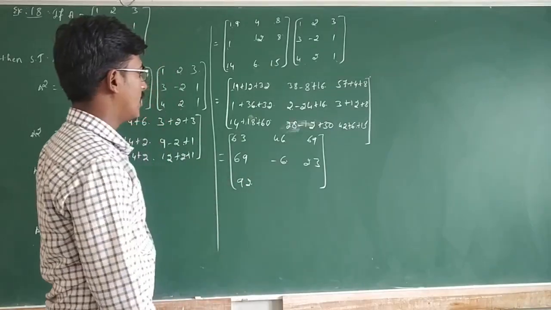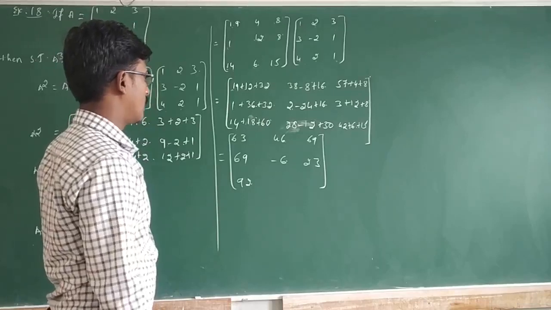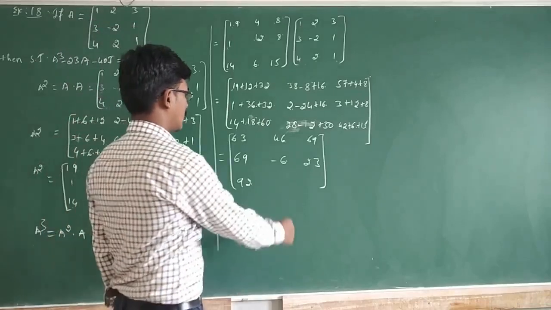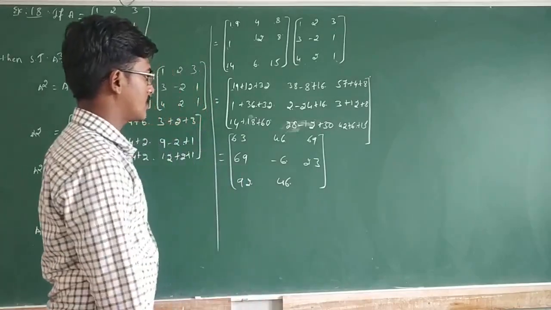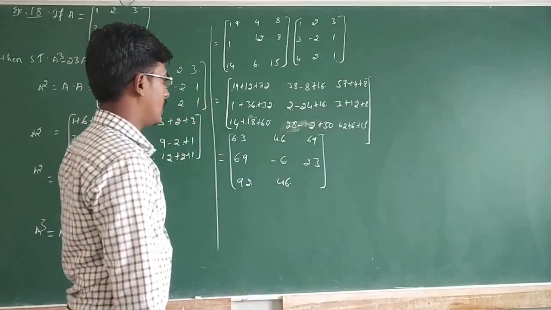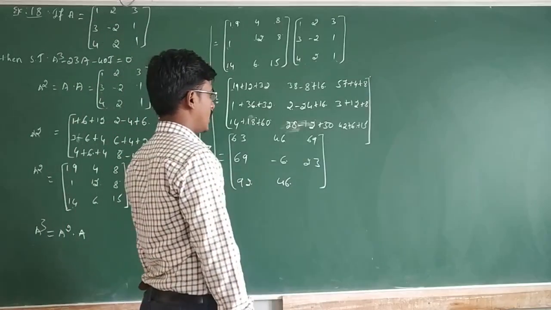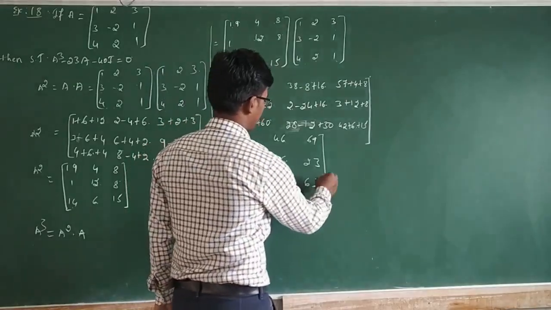Next 28 plus 30 is 58, 58 minus 10 is 48, 48 minus 2 is 46. Next 42 plus 6 is 48, 48 plus 10 is 58, 58 plus 2 is 62.